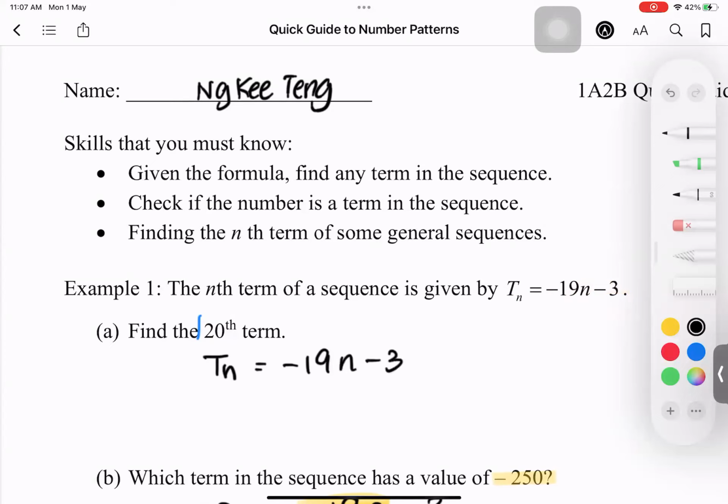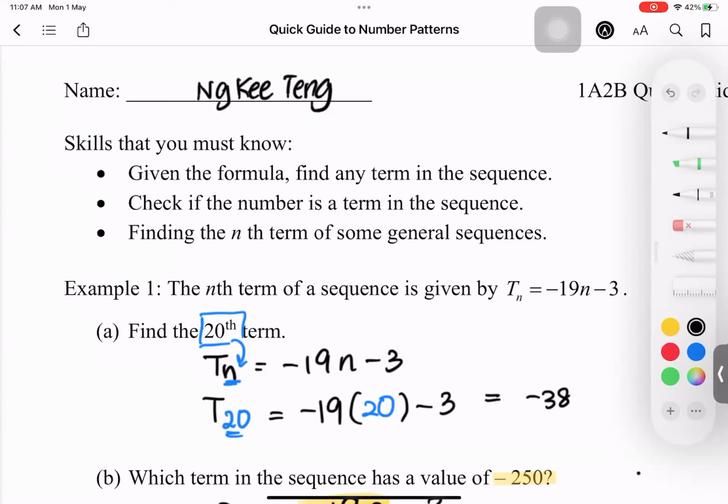When they want me to find term 20, n will become the number 20. T20 equals negative 19 times 20 minus 3. Then you work out your numbers, the answer. I get negative 383.